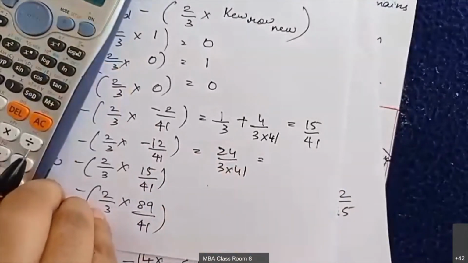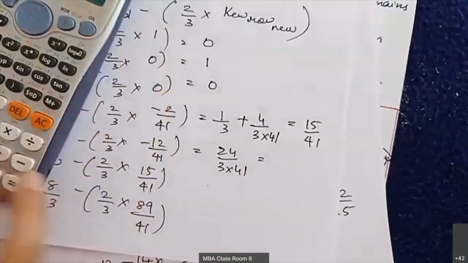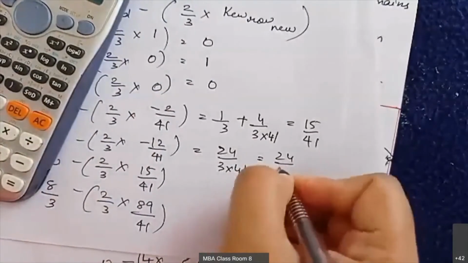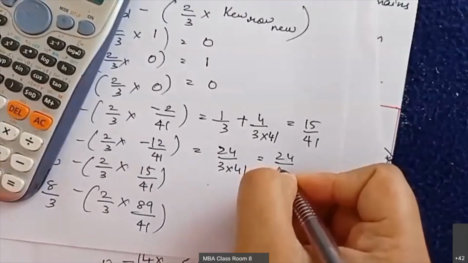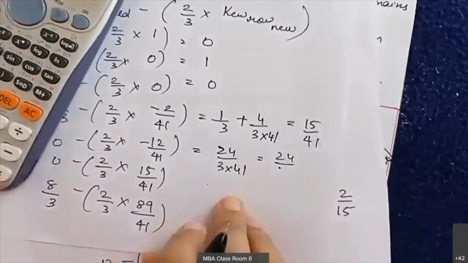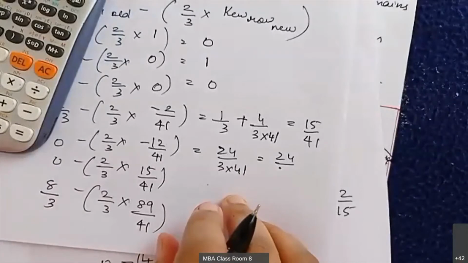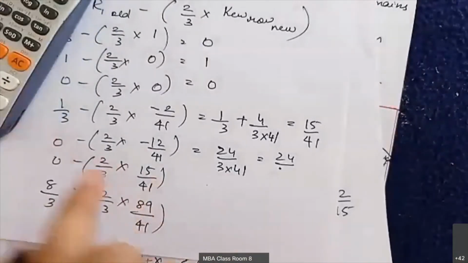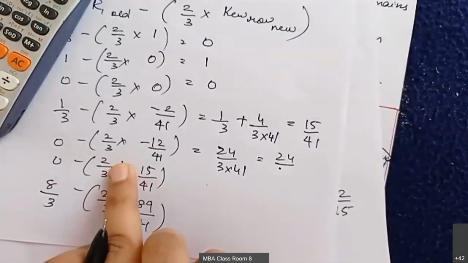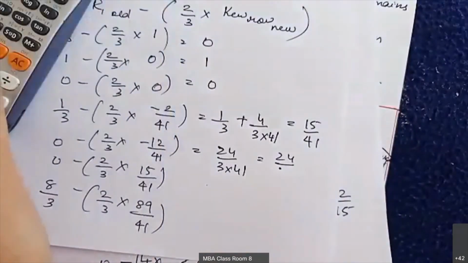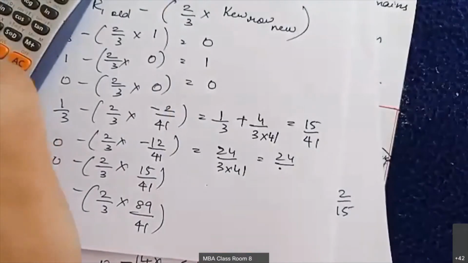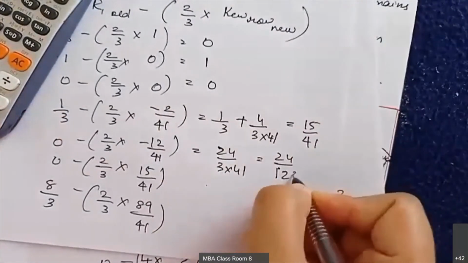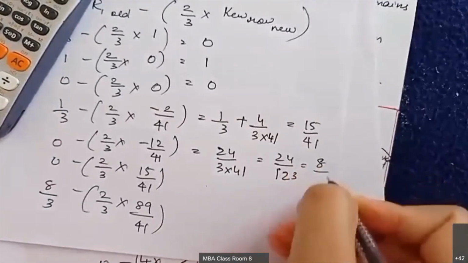That is 24 divided by 123, which is equal to 8 by 41.